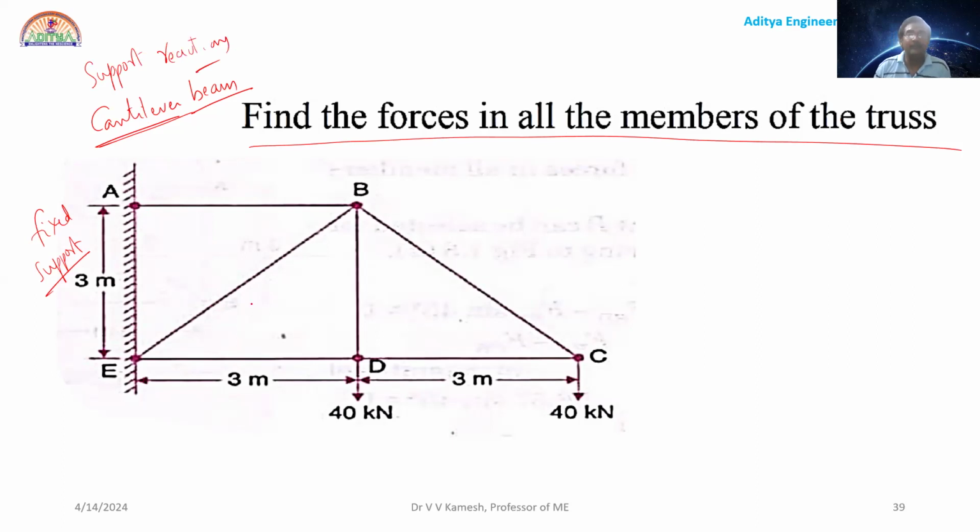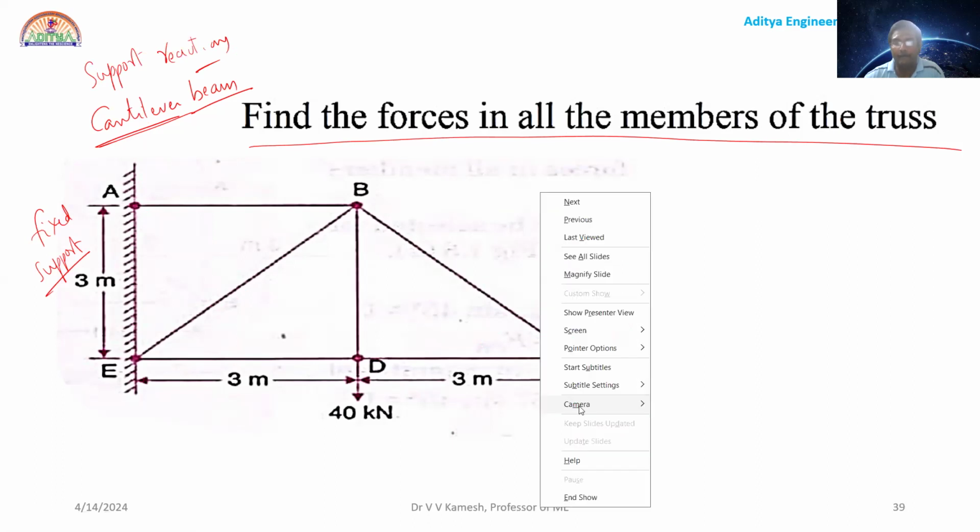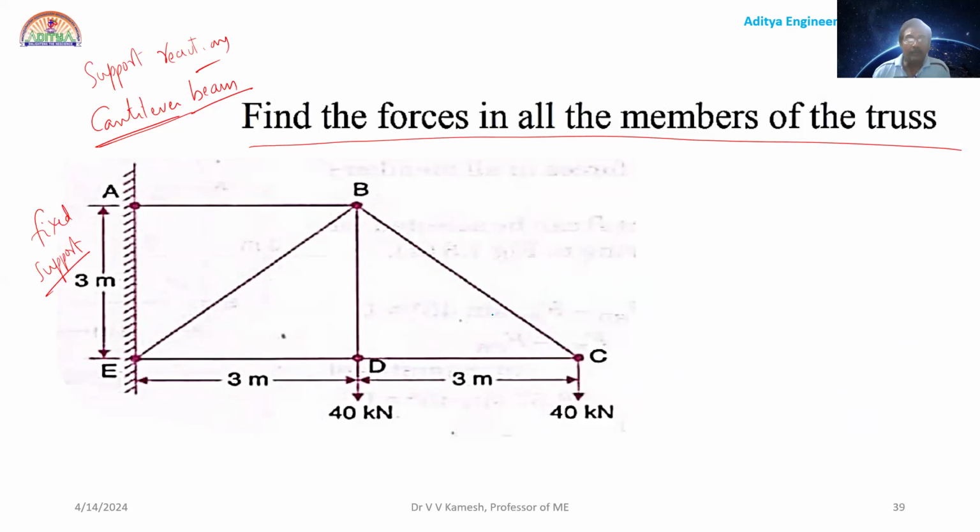Okay. Now we'll do one thing. Joint C. We'll change the color. Pointer up, change the color. I will take it as blue. So what are the external loadings? 40 kilonewtons at C, 40 kilonewtons at D, right?